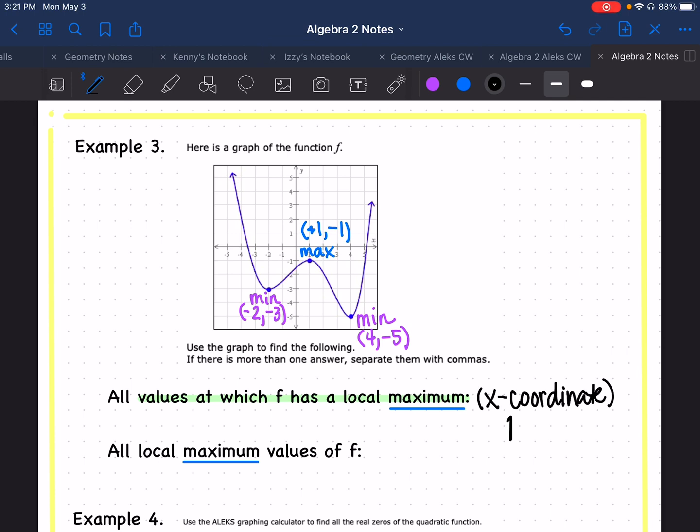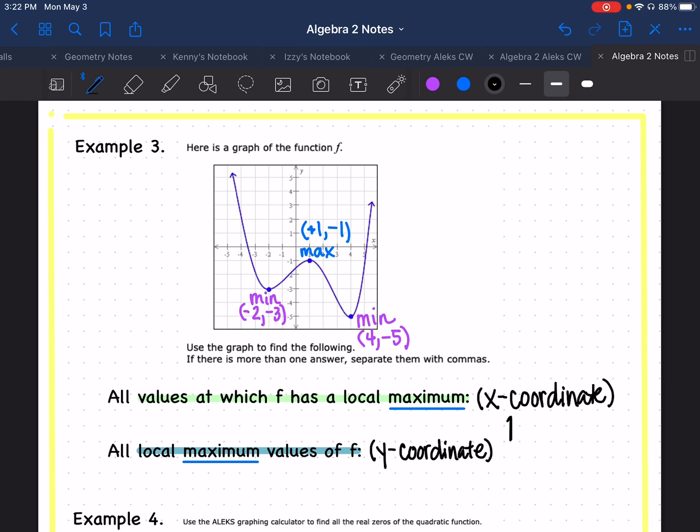Now notice that the second question asks all local maximum values of f. Notice it doesn't have that part at which. That's the difference between the two. This one is asking for the y coordinate or coordinates of your maximum.